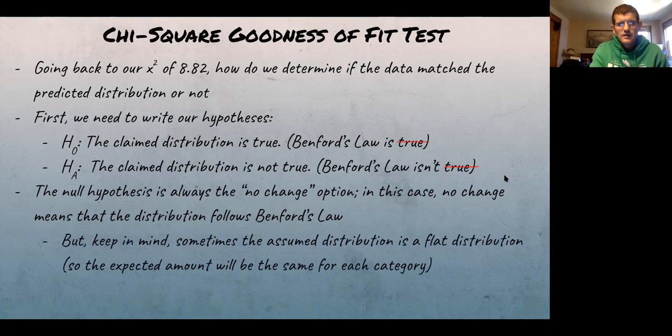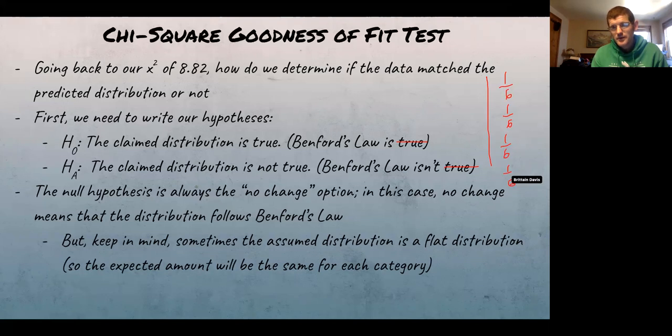It's worth pointing out right here that sometimes the assumed distribution is just a flat one. So you might come across a problem that says someone is suspicious that a die is weighted. So it rolls 4 or 6 or something more often than it should. And of course we'd expect it to get 1/6 of the time every single time you toss it.